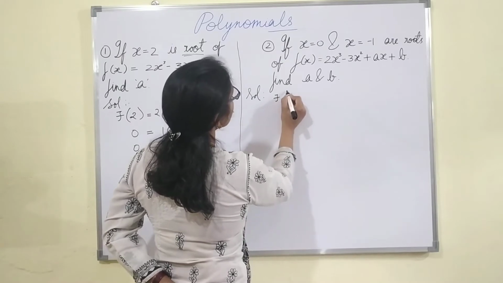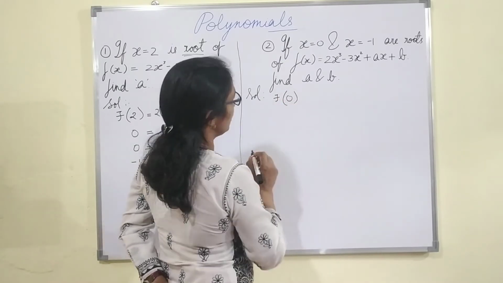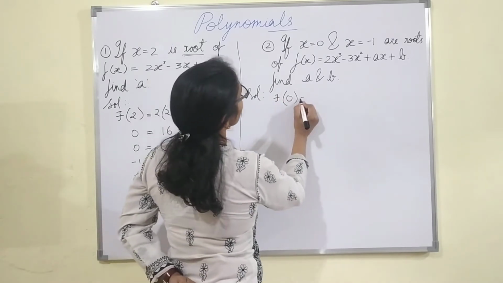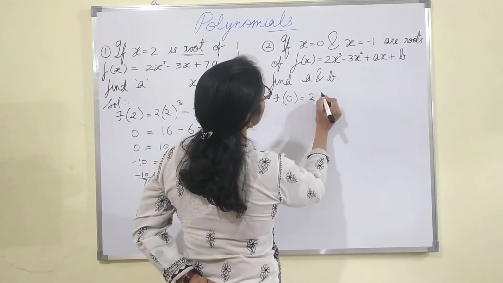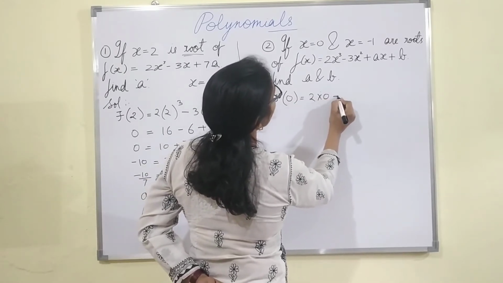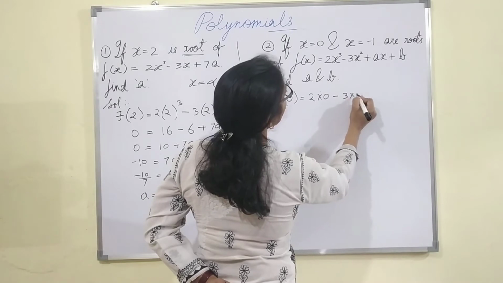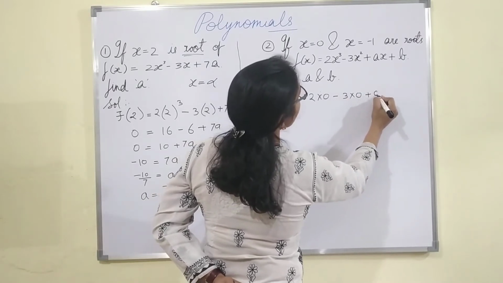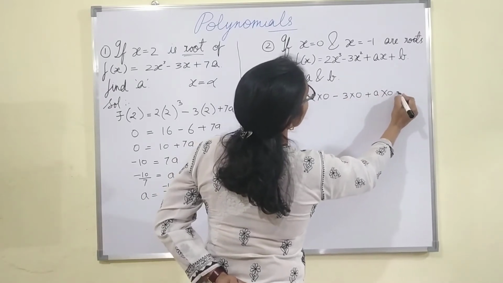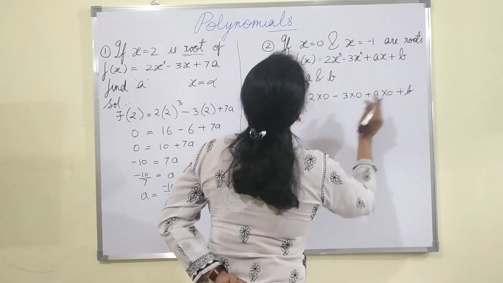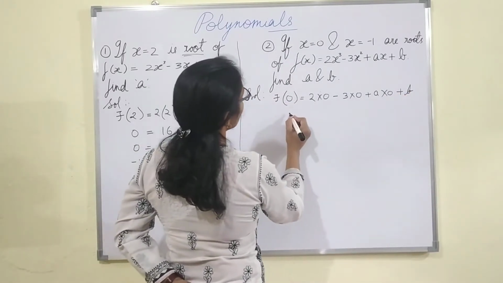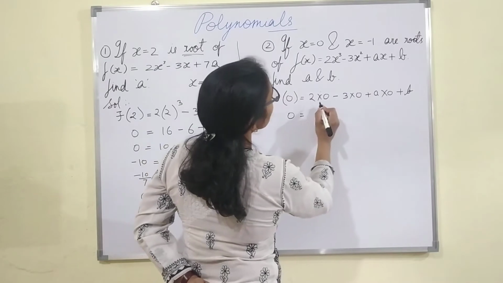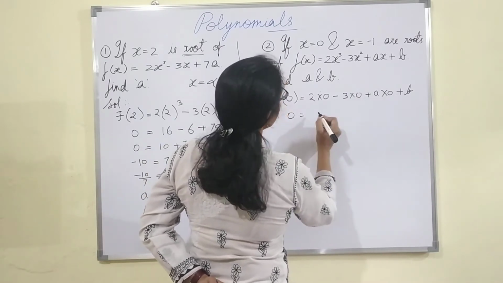So, our solution. First x = 0. So 2 × 0 − 3 × 0 + a × 0 + b, so 0 = 0 + 0 + 0 + b.